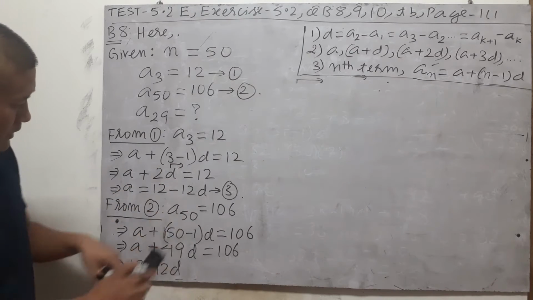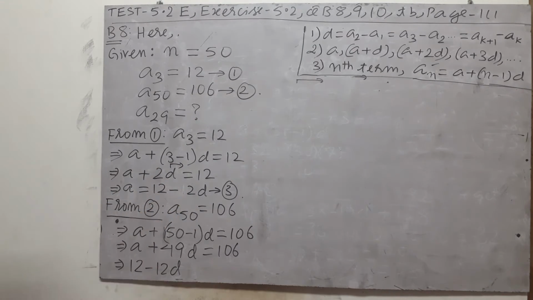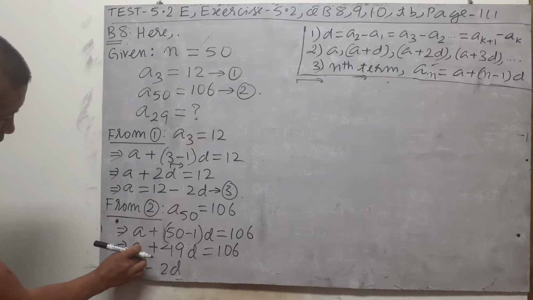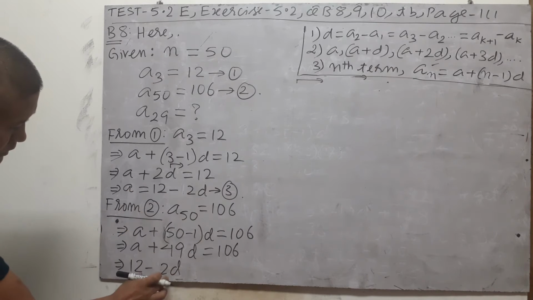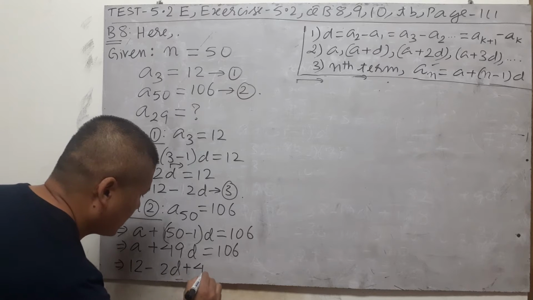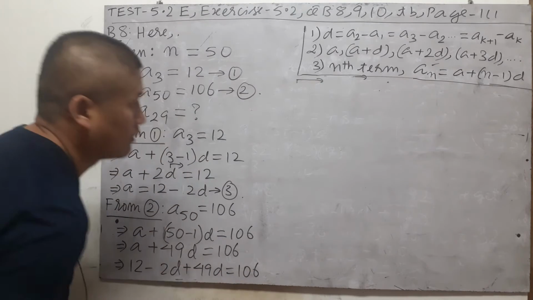Plus 2D going to the right side is minus 2D, not 12. So 12 minus 2D. Okay, 12 minus 2D is the value for A. We're replacing this A value here by this one, and the rest is the same, unchanged. Plus 49D is equal to 106.